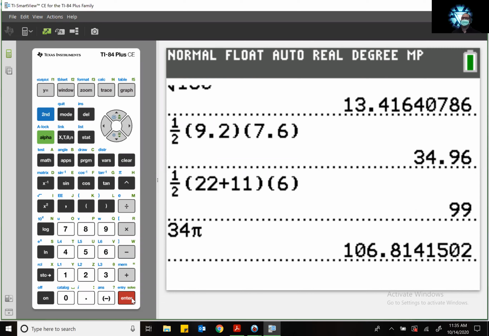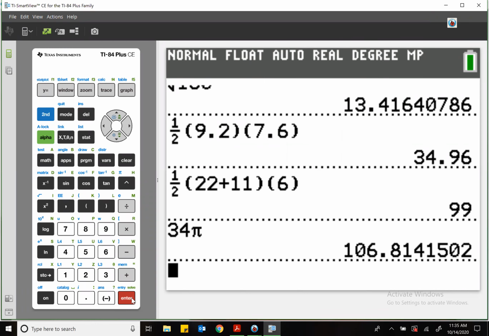Rounded to the nearest tenth, what is the answer? 106.9? Nope. 106 point what? 0.82? Too many. Just 0.8. Tenth, 1 decimal. And that is?